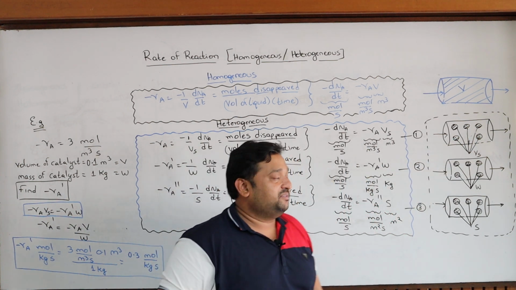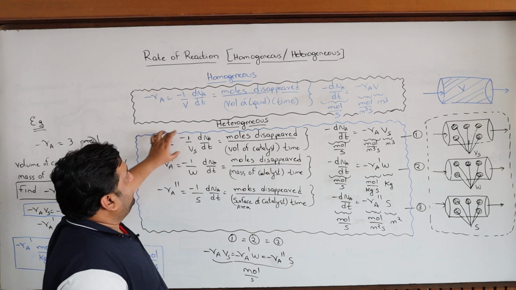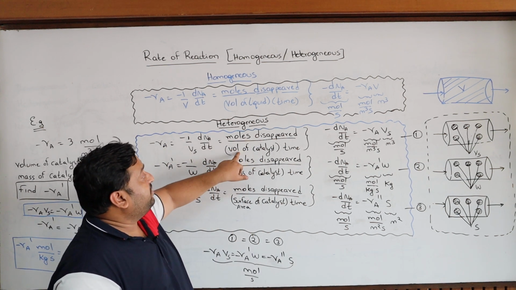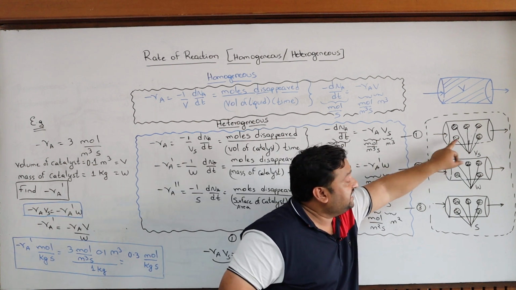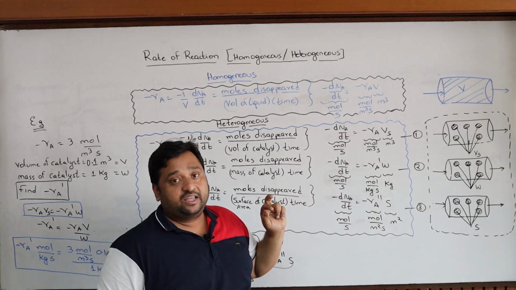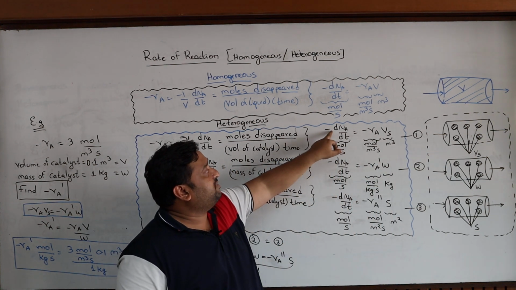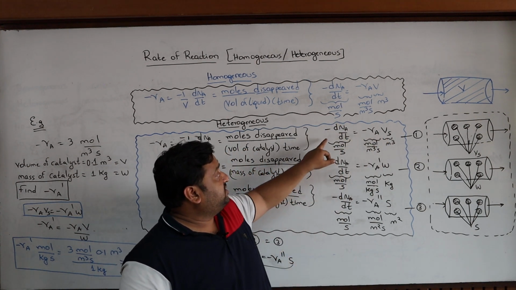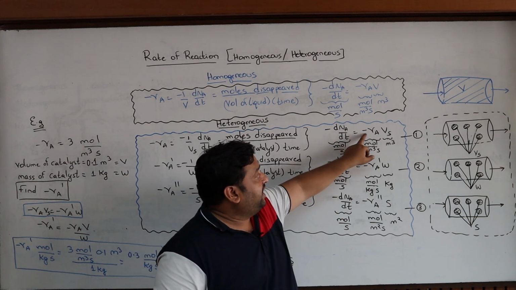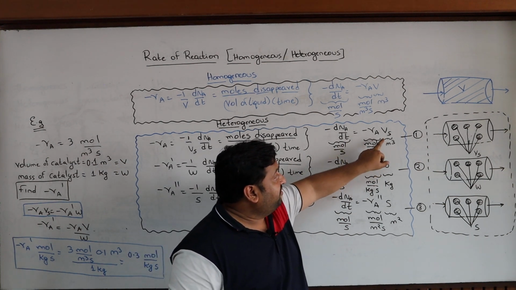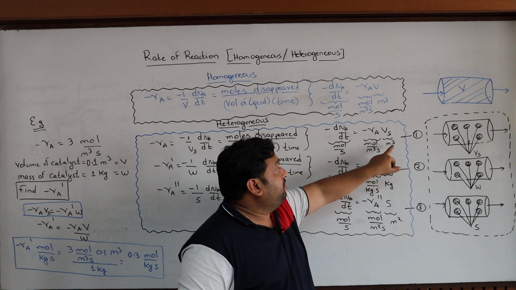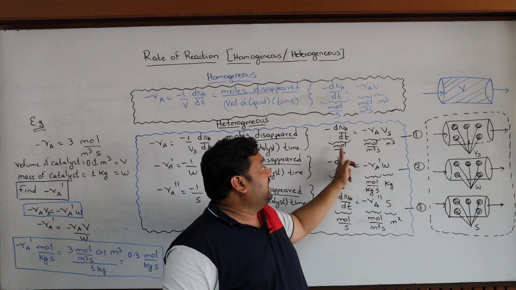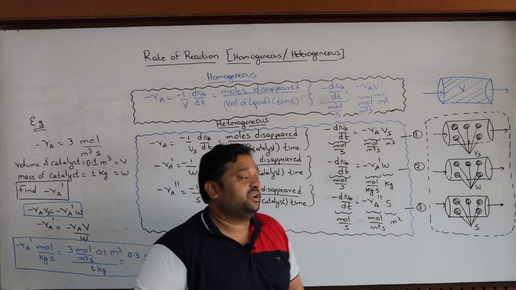That is why it is moles disappeared with respect to the volume of the catalyst inside the reactor every second. From this I rearrange: minus dNA by dt is equal to minus Ra into Vs. dNA by dt is moles per second, Ra is moles per meter cube per second, and Vs is in meter cube. Meter cube cancels, so on the left hand side and right hand side I get moles per second.